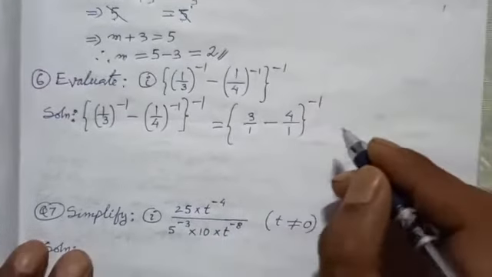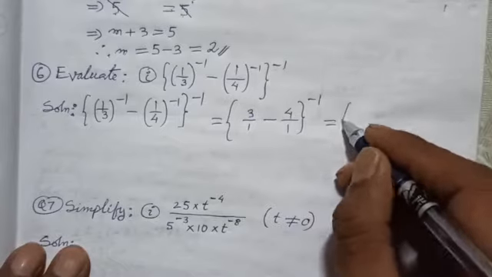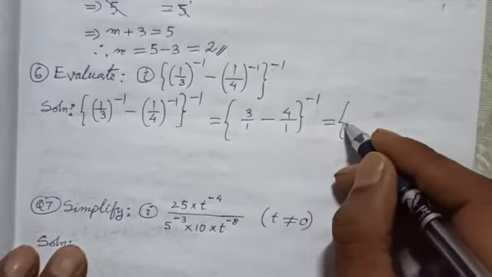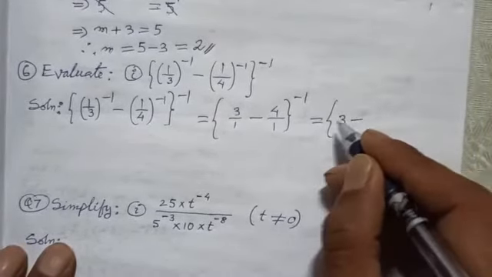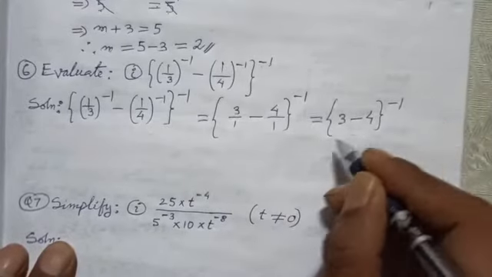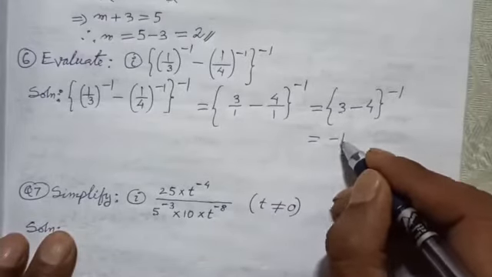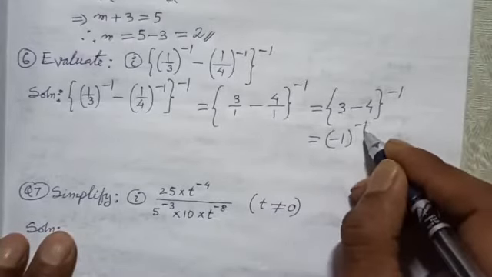And then next steps. 3 by 1 is the same as 3, minus 4 by 1 is the same as 4, whole to the power minus 1. 3 minus 4 is minus 1, now whole to the power minus 1.